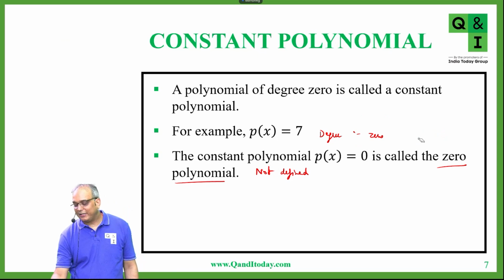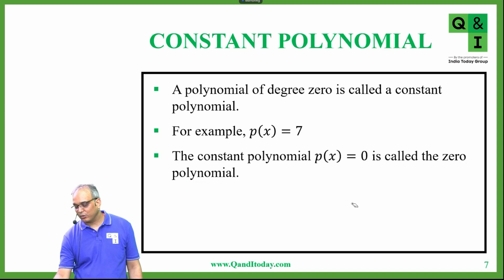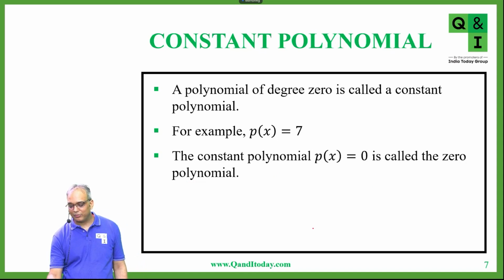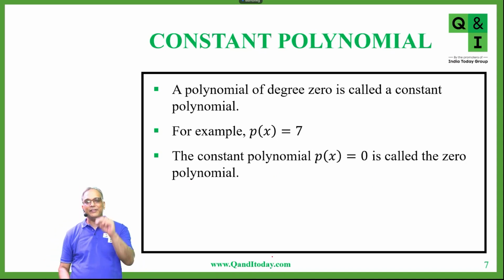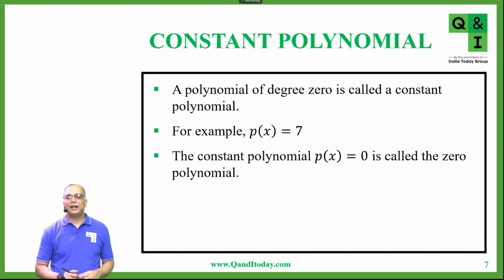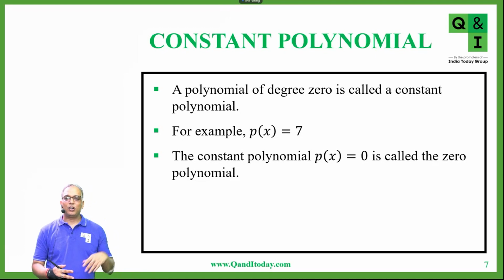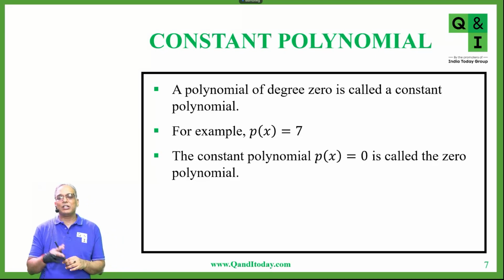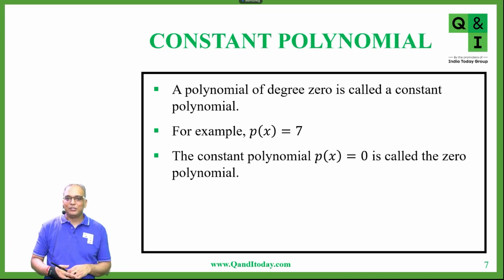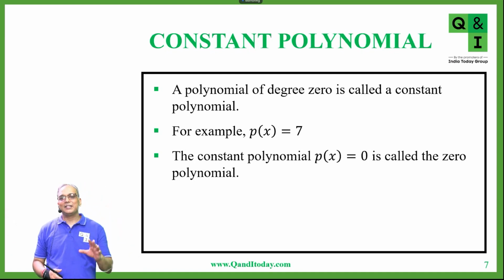So we'll repeat it once. The degree of a constant polynomial is 0 and the degree of a zero polynomial is not defined. This is important because this is being asked in every MCQ, every test which you will take in school, or this is a tricky question. What is the degree of a zero polynomial? Generally people tend to make the mistake of answering it as 0, but it is not defined.